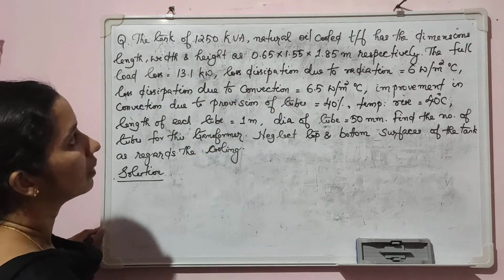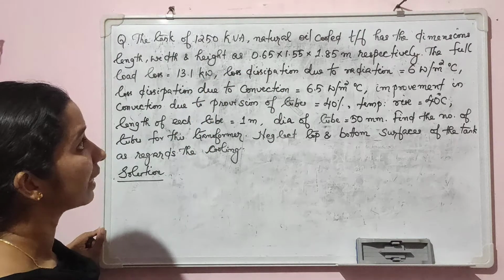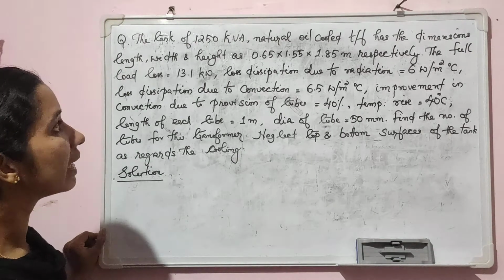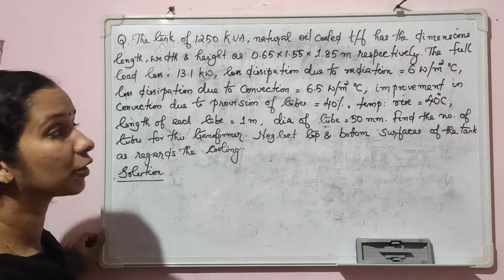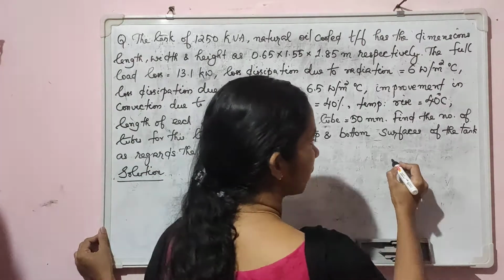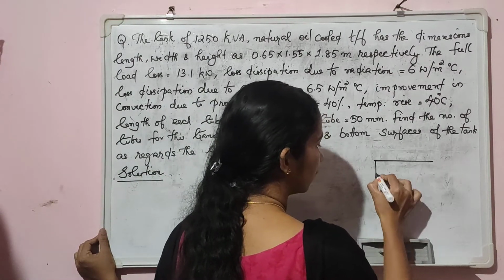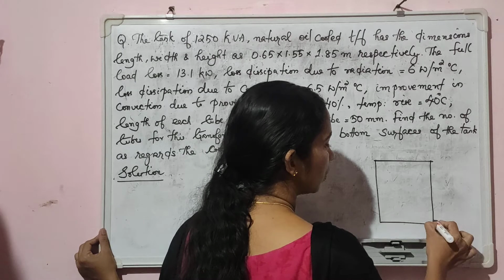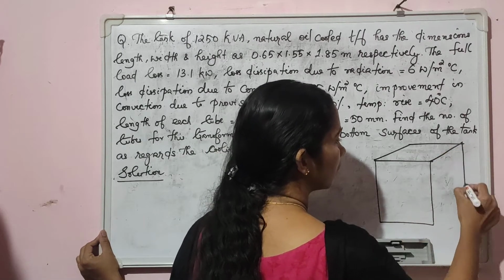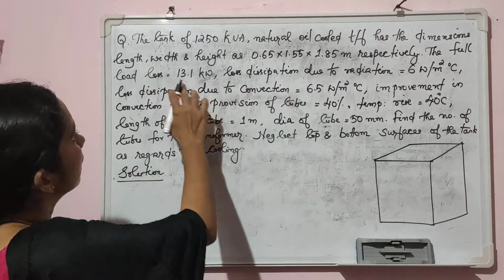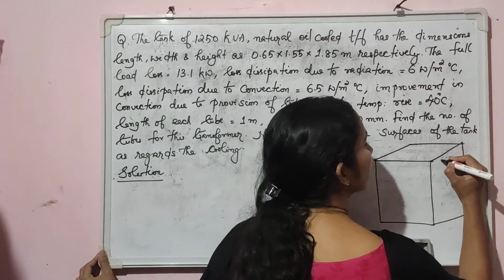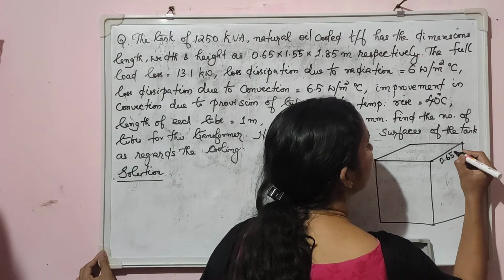The tank of a 1250 kVA natural oil-cooled transformer has the dimensions length, width and height as 0.65 by 1.55 by 1.85. So the transformer tank will look somewhat like this. The length is 0.65 meter.